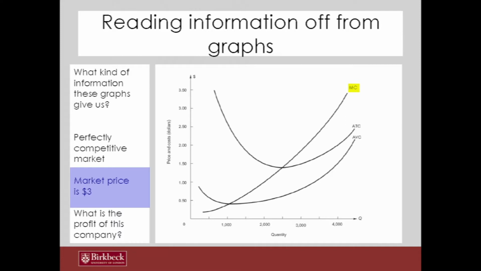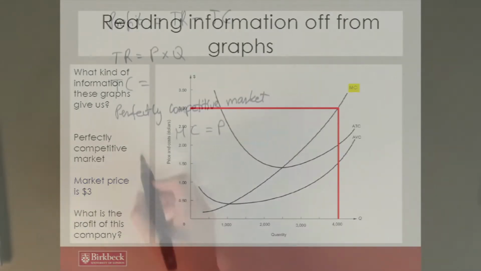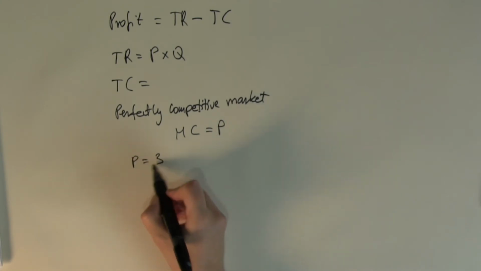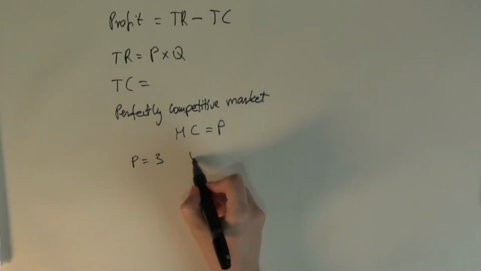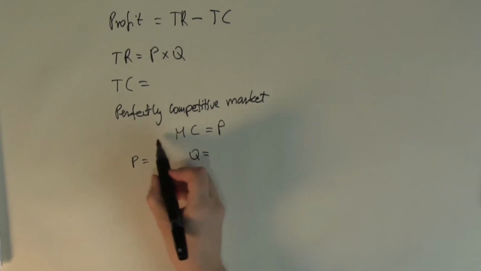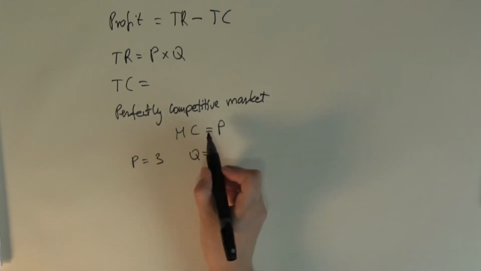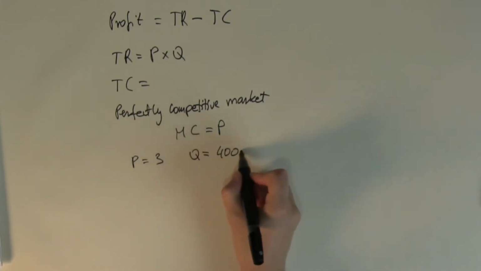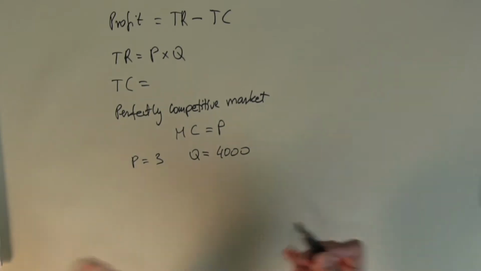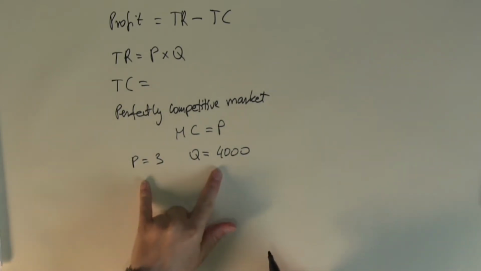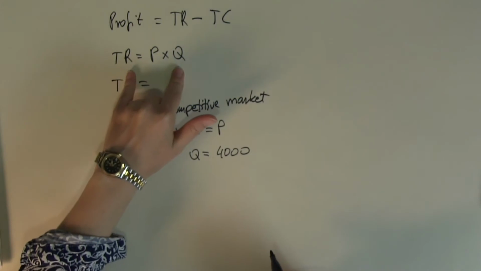So if I trace across at the $3 price level, then I can nicely trace down to Q, and I can spot that actually if the price is $3, then the accompanying quantity on the marginal cost curve is 4,000. Well, that's handy, because now I can calculate the total revenue.